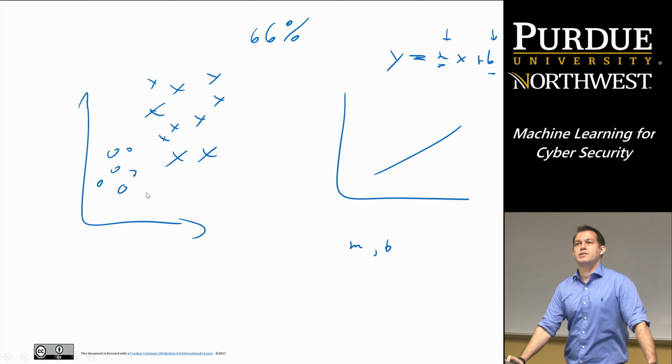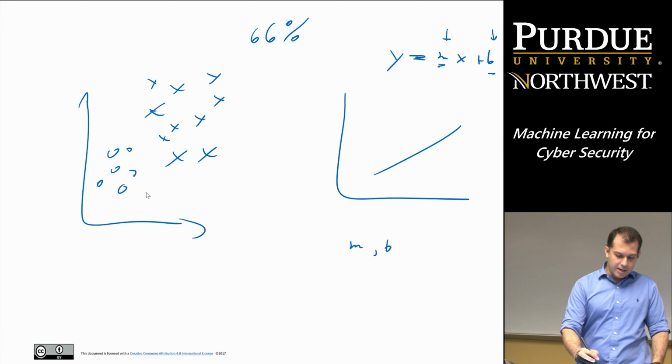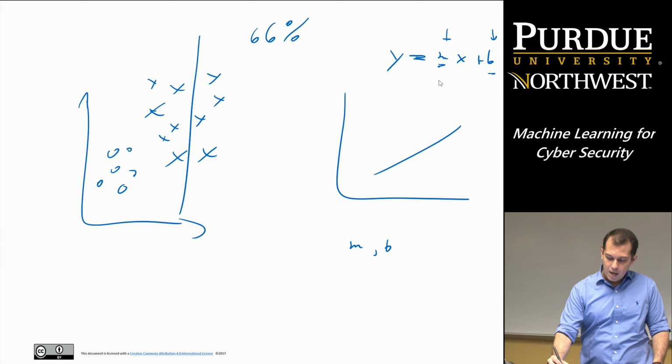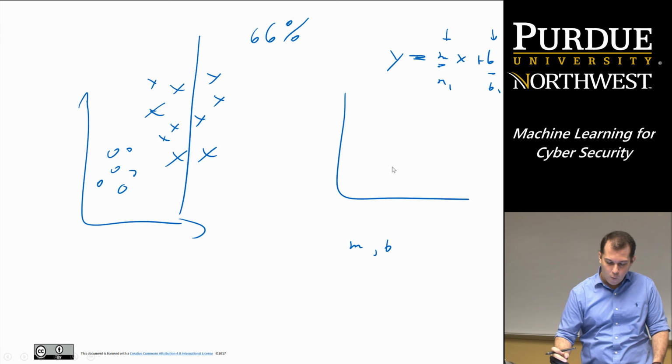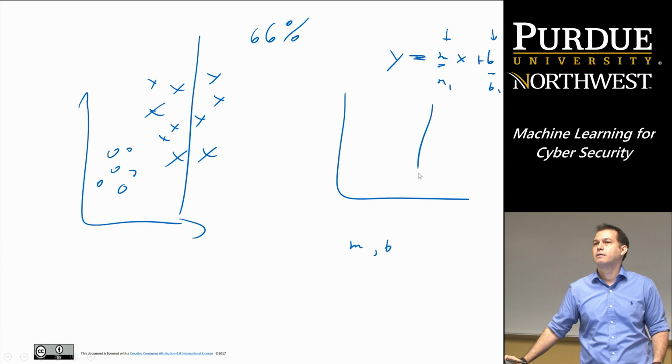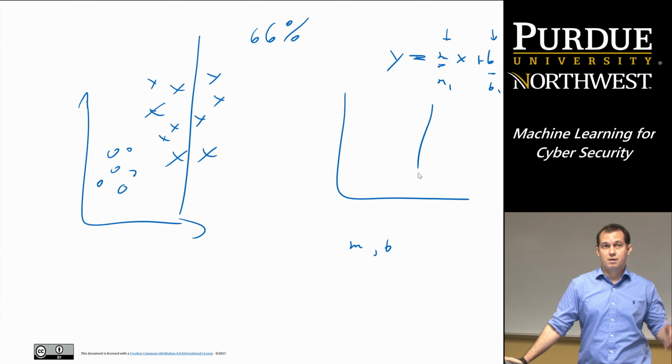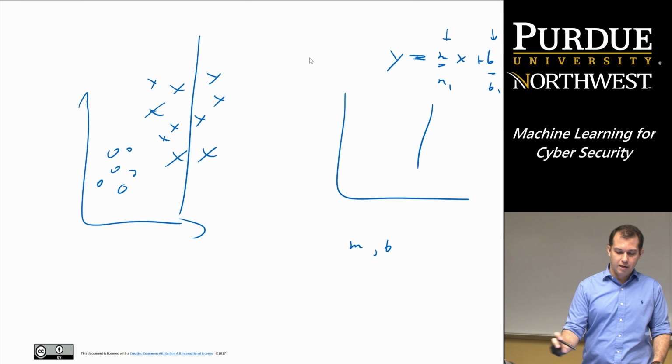Right? So now it's a little bit more obvious, right? If I draw that line, because I picked M1, B1, given my X and my Y, I built a line that looks like that, right? That's my solution at this point. I evaluate it. What would be the accuracy of this, would you say?